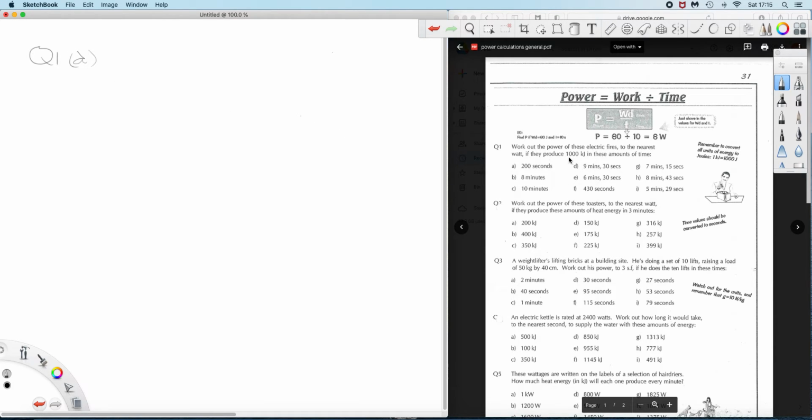question 1 tells us that we have 1000 kilojoules of energy. So our energy is 1000 kilojoules. Well, that's thousands of joules. So that's 1 million joules. And part D says our time is 9 minutes and 30 seconds.